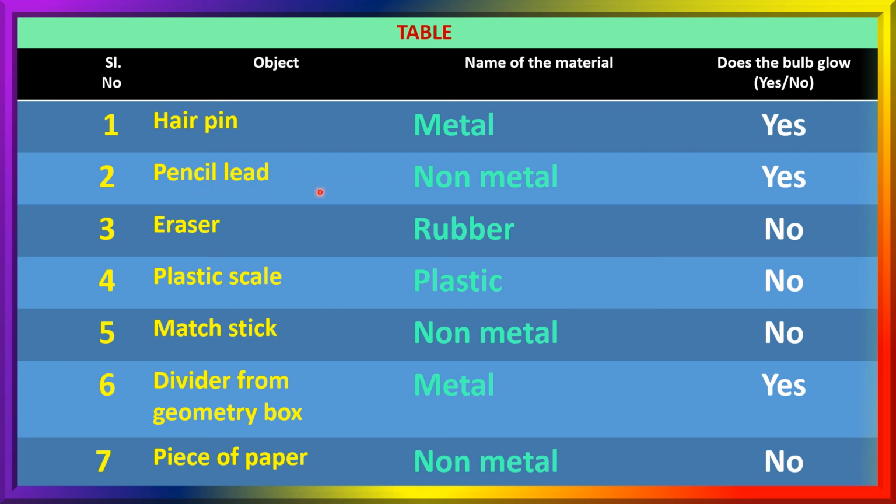When pencil lead is connected, that is a non-metal, and the bulb glows. Eraser, the name of the material is rubber, and when the eraser is connected, the bulb doesn't glow. Plastic scale, the bulb doesn't glow. Matchstick, divider from the geometry box, etc.